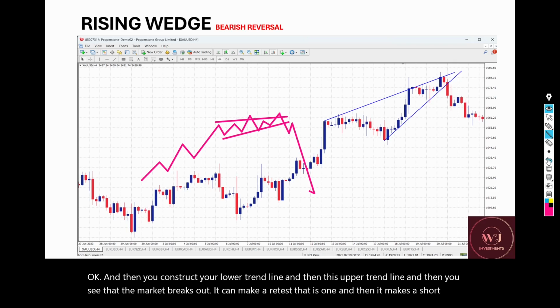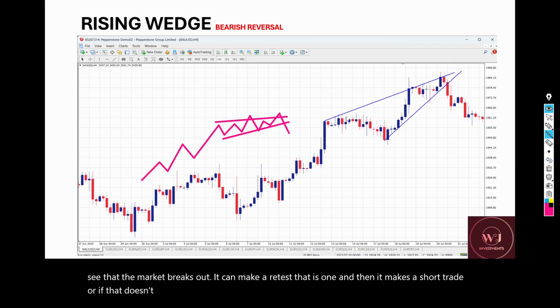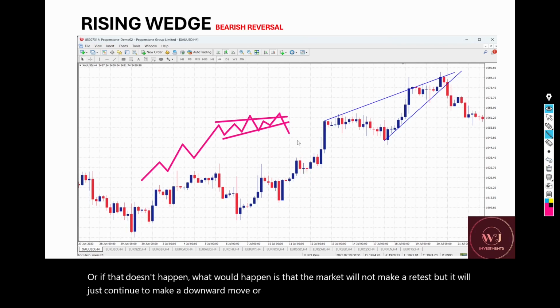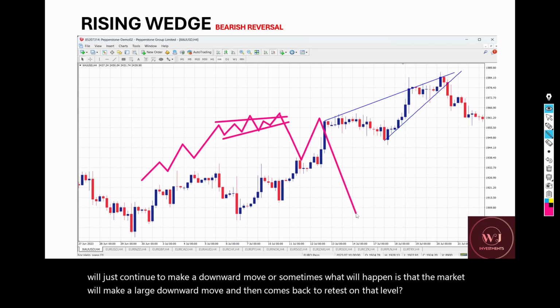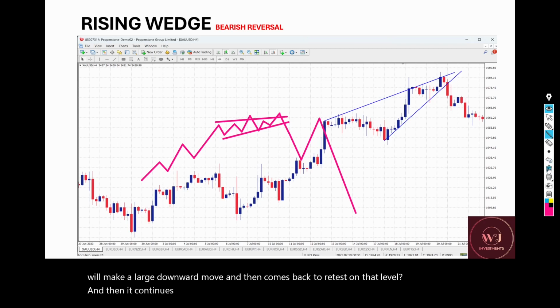Or if that doesn't happen, the market will not make a retest, but will just continue to make a downward move. Or sometimes the market will make a large downward move and then come back to retest that level, and then it continues to drop. So you have to keep those formations in your head when you trade the pattern.